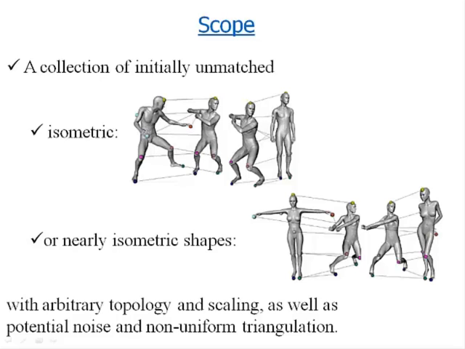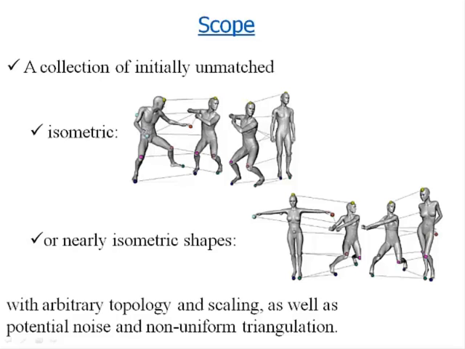So the scope of the research is isometric shapes or nearly isometric shapes, and isometric shapes are just articulated versions of a human shape, like different poses of a human, and it becomes nearly isometric if you are dealing with semantically similar shapes like a man and a woman.